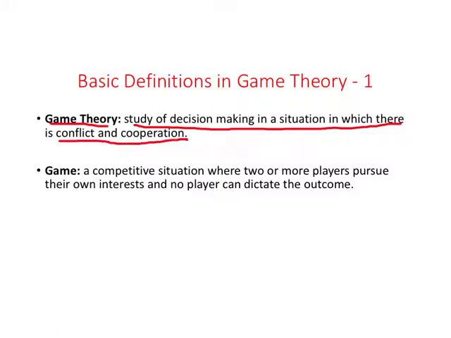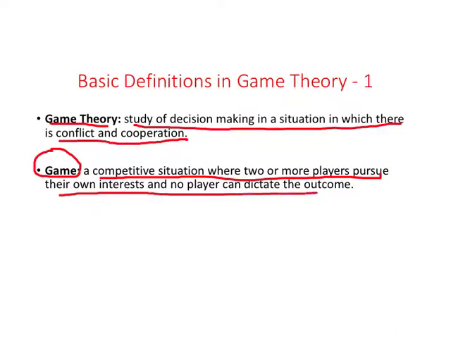What is a game? We need to define this formally as well. This is a competitive situation where two or more players pursue their own interest and no player can dictate the outcome. So the kind of game we are looking at is two or more players of a similar level.